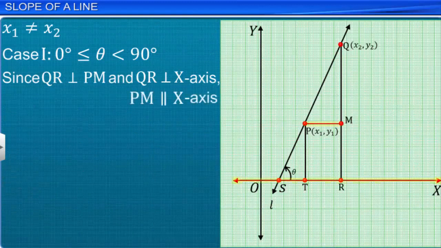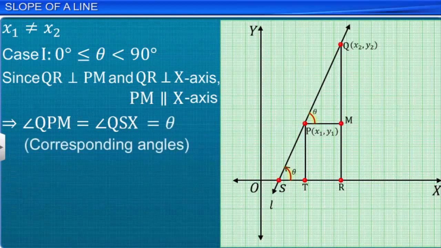Since PM is parallel to the x-axis, angle QPM is equal to angle QSX or theta, since they are corresponding angles. In right-angled triangle PMQ, tan theta is equal to QM upon PM.